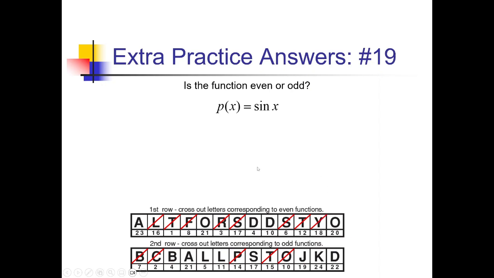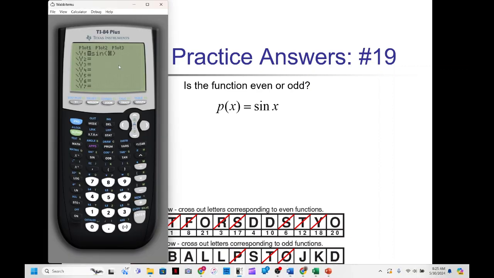For 19, we've got sine of x. We did cosine in 18, so my approach here is going to be similar. I'm going to graph this on the graphing calculator. I'm not assuming we've learned how to graph trig functions yet, and we'll see what this looks like. So putting in sine of x, and then using the same window as before, my zoom 7 window.